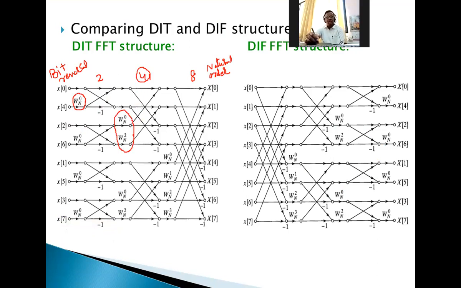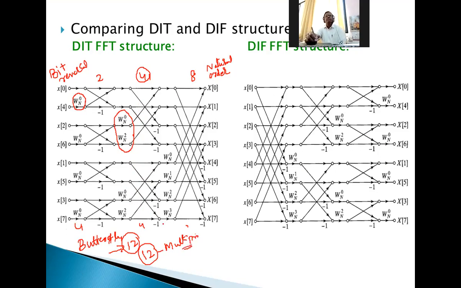The total number of butterflies required for the computation is 12, because for each stage we have 4 butterflies, and the number of multipliers required is also 12.